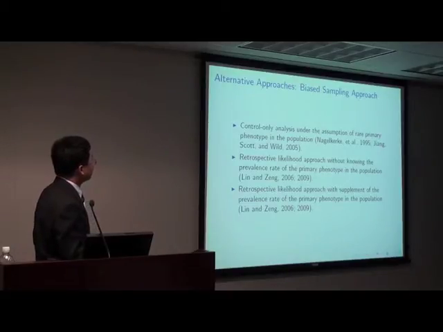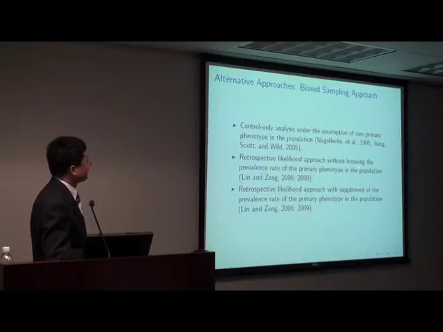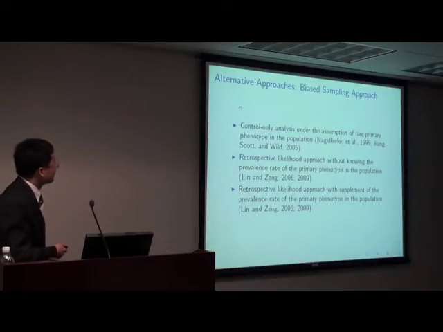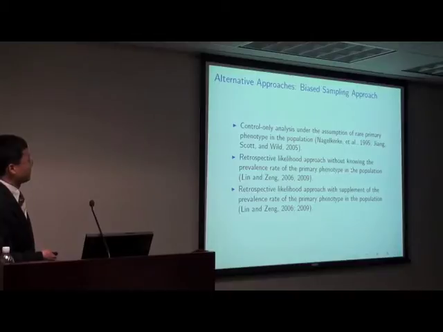The other is to use retrospective likelihood. This approach is currently the statistically most sound approach. Okay. One approach is to use retrospective likelihood with a supplement of the prevalence rate for the primary phenotype in the population.